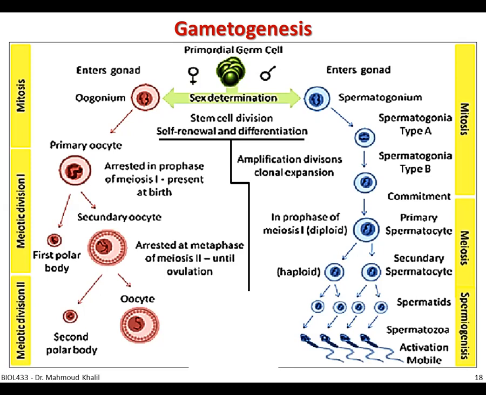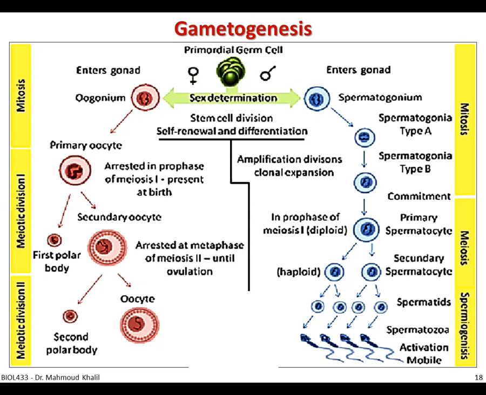Soon after that, it is divided for another division to form spermatids under a very specific process for spermatogenesis, which is called spermiogenesis, in which the spermatids are transformed to spermatozoa, which is actually the functional sperm.